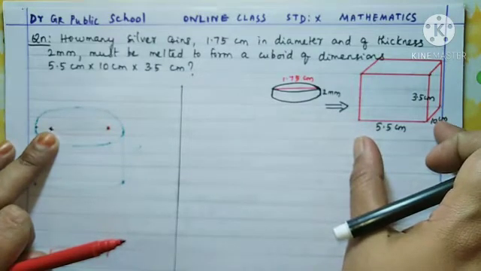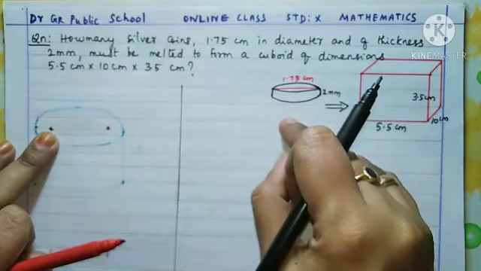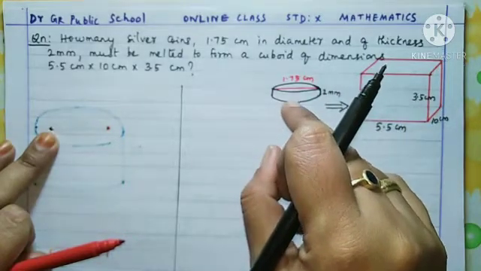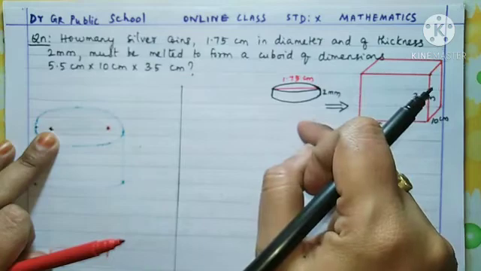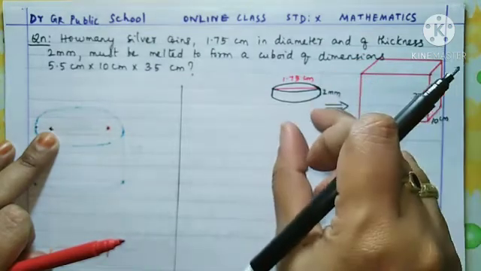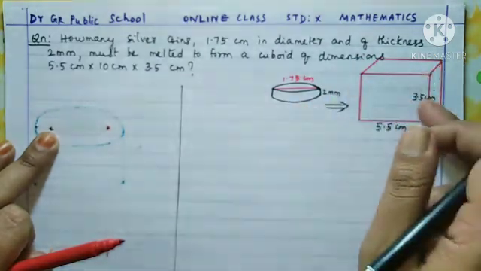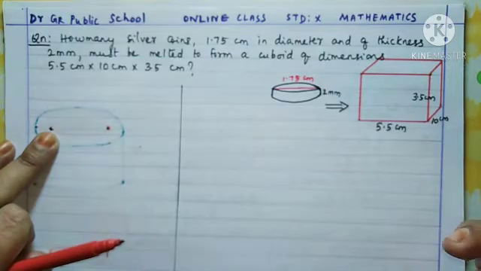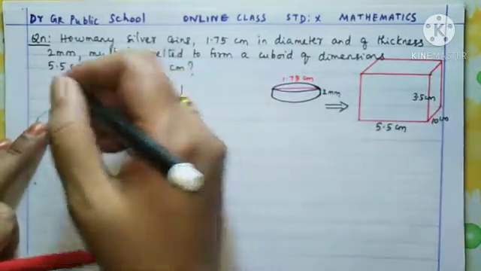Understood? Okay. So what we want to do? We want to find the volume of one coin and multiply by the required number of coins to get the total volume of the cuboid. Yes. So let us start the problem.